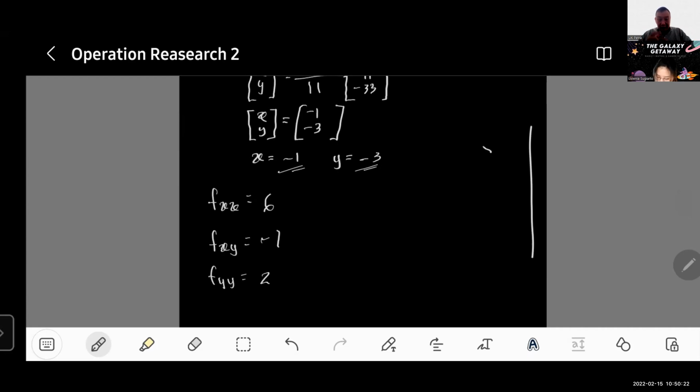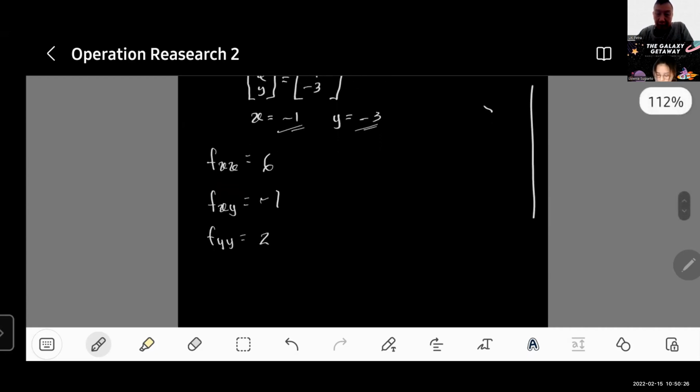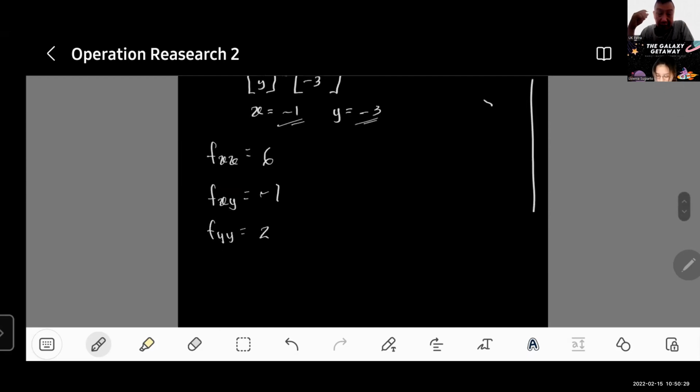Now you create the matrix, the Hessian matrix. So H equals, you form the matrix, and then you can calculate the determinant.